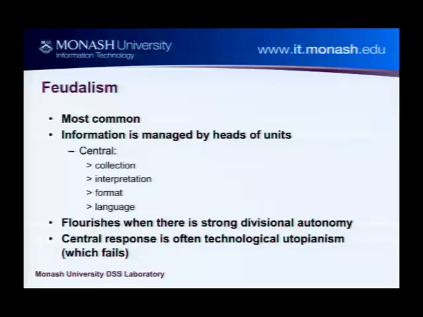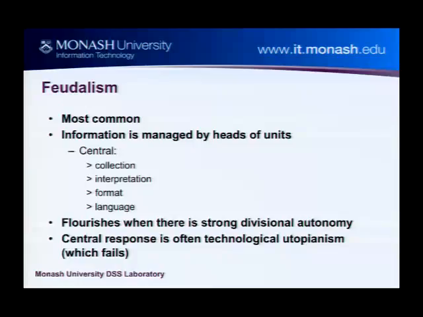So this is where you tend to see those gatekeeper roles cropping up. There might be one or two people who have a significant amount of knowledge about one particular business unit area, and if you want to get information about that business area, you have to go through them. So most of the information is managed by, say, heads of units or individuals within particular business units.